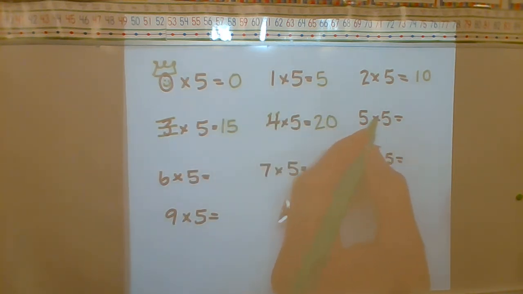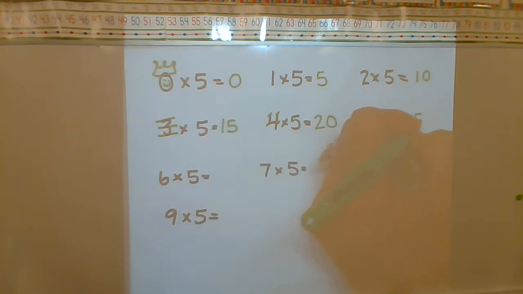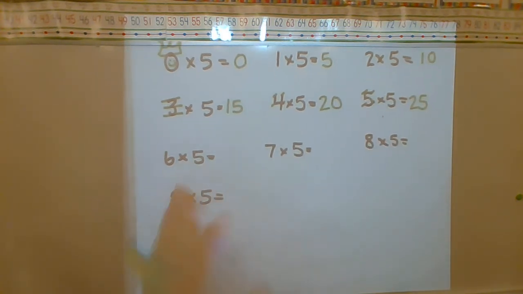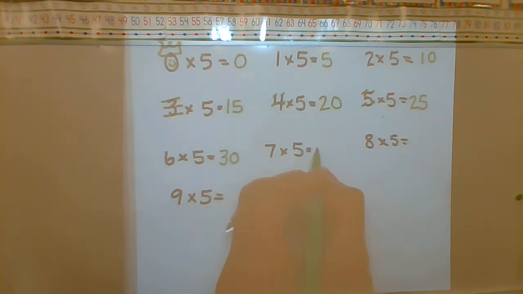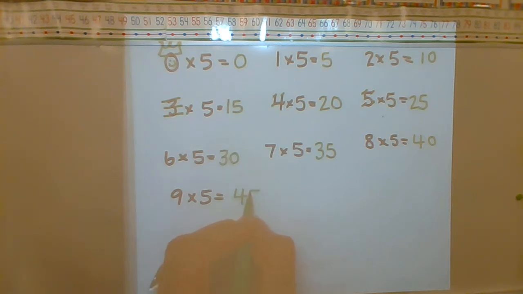5 groups of 5. 5, 10, 15, 20, 25. What about 6 groups of 5? 30. 7 groups of 5. 35. 8 groups of 5. 40. 9 groups of 5. 45.